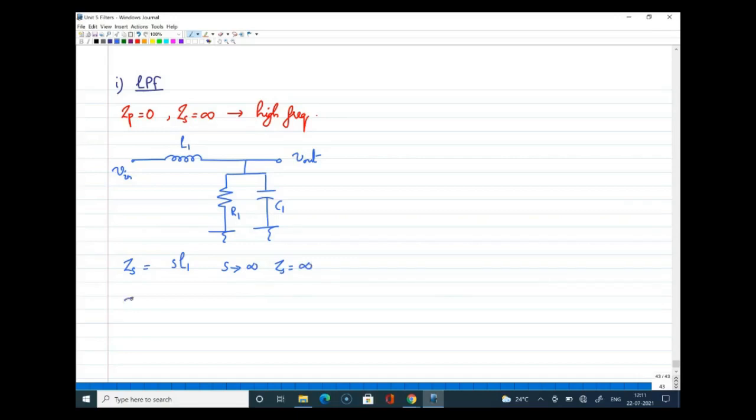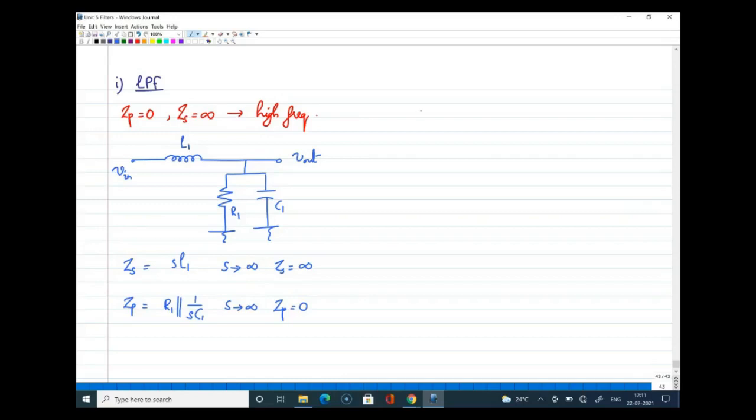Similarly, what is Zp? Zp is the parallel combination of R and C, so it is R1 parallel to 1 by S C1. If you put S equal to infinity, your Zp will be equal to 0, because at high frequency, when omega equals infinity, the capacitor will act as a short. If the capacitor is a short, your output also will be shorted and the output will be equal to 0. So with this, I can say that this will definitely behave as a low pass filter.